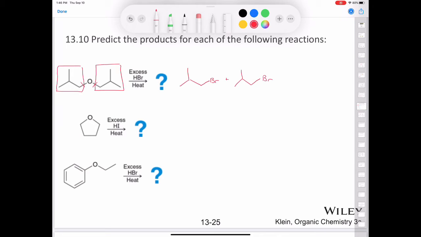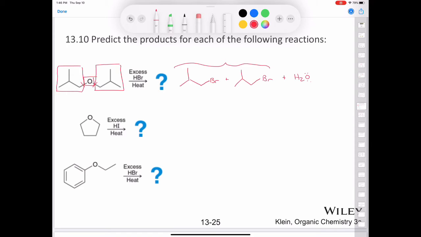And then where's the oxygen going to go? What's going to happen to that oxygen? Well, that's going to come out in water, in H2O. And so what we get is if we take this symmetrical ether and treat it with excess HBr and heat, we get 2 moles or 2 molecules of the alkyl halide, and we get some water.